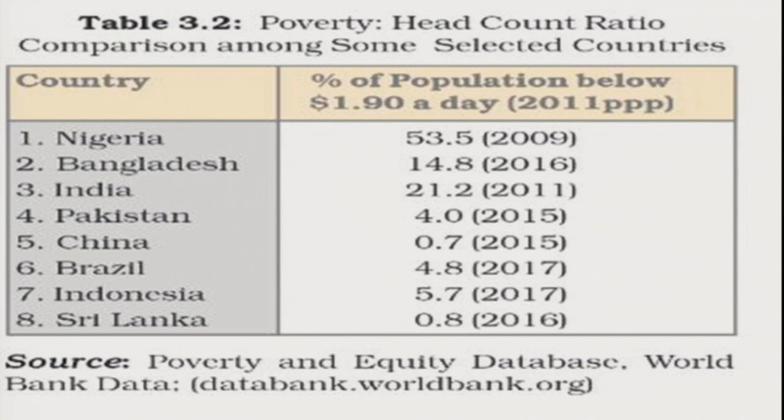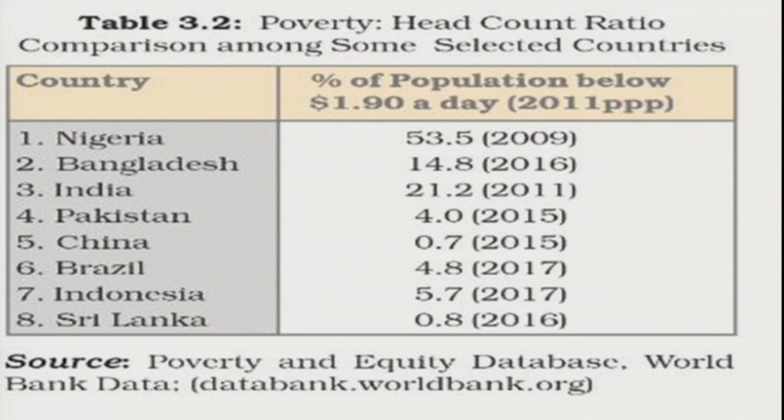We have taken some selected countries in this table, and you can see the percentage of the people who are living below $1.90 a day. This is as per the 2011 data. Nigeria, it is 53.5 in 2009. Bangladesh, it is 14.8 in 2016. India, 21.2 in 2011.